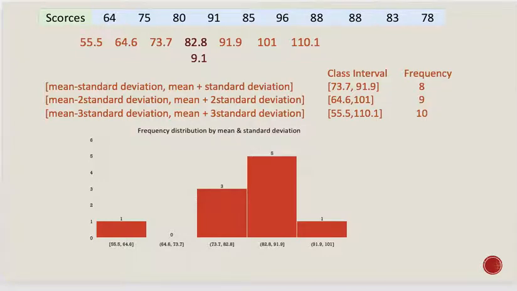Let's line up the scale. Oh, sorry, the line is not so straight. This is the middle point. It's the mean. The mean plus one standard deviation, the mean minus one standard deviation.